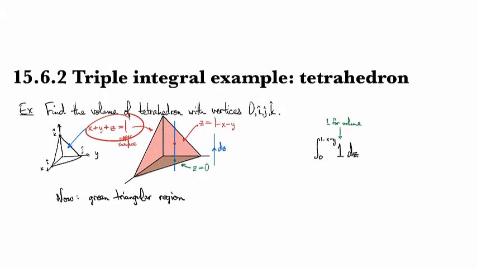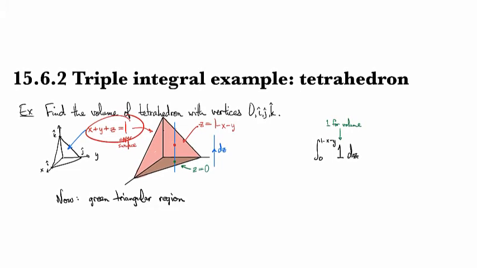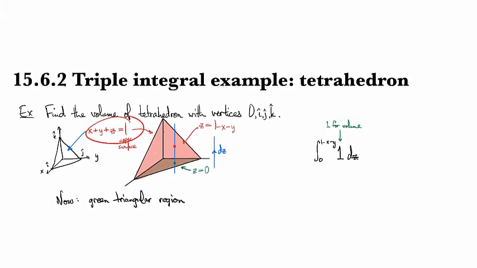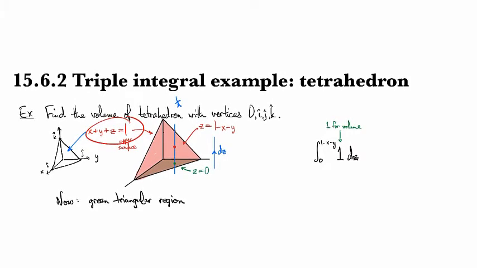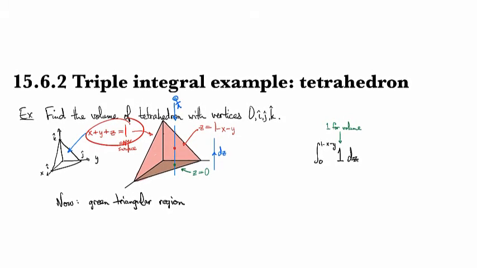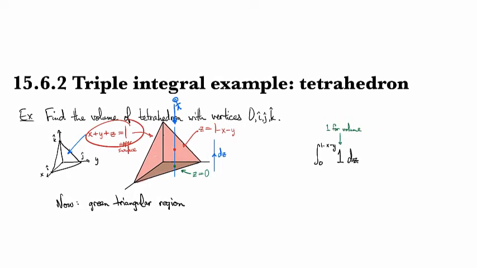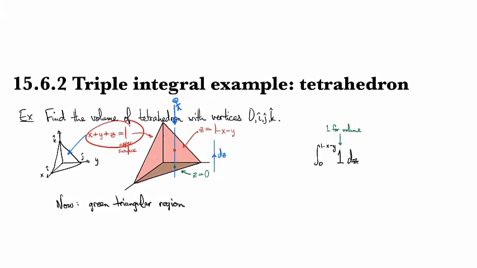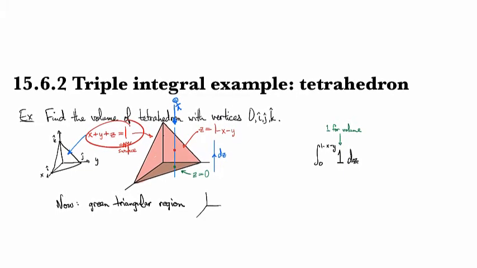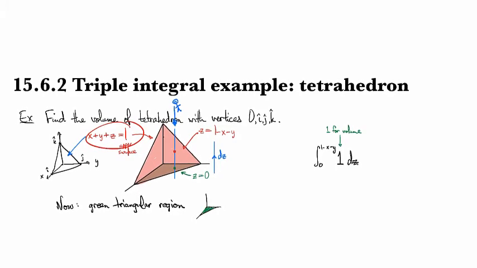Now, this was a simple enough example, we've done a lot of things like it, but just humor me and follow this thought process of imagining that you are up here in space and you are looking downward, directly from on top, and you're looking at the shadow that this region casts on the XY plane. And so what you see is just this portion right here.